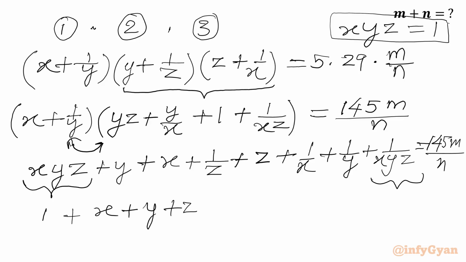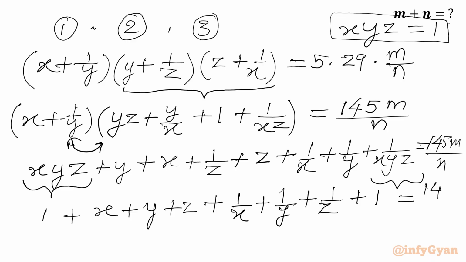Then we will write the reciprocal of xyz, so 1 over x plus 1 over y plus 1 over z. Then we have 1 over xyz, so we will write 1 over 1, so 1. The RHS is 145 m over n.